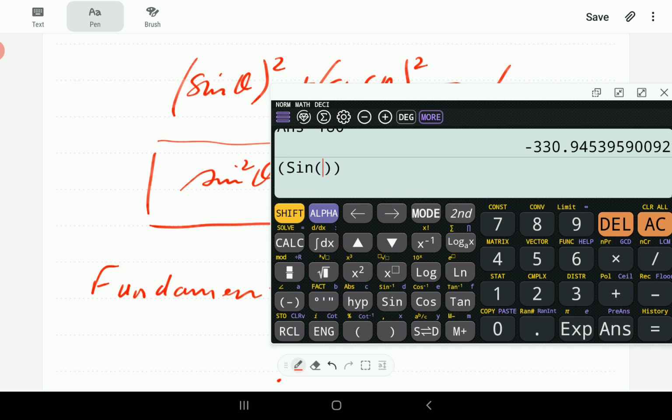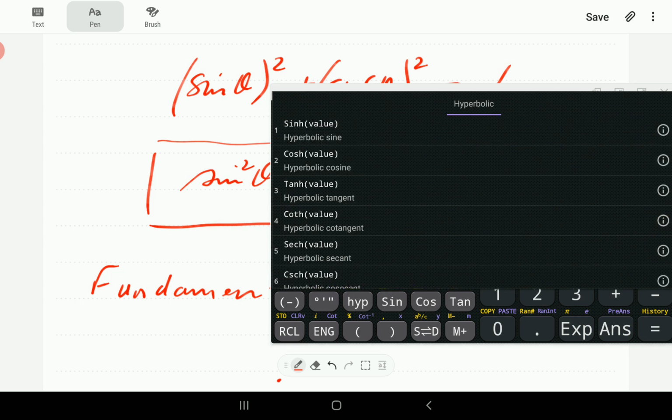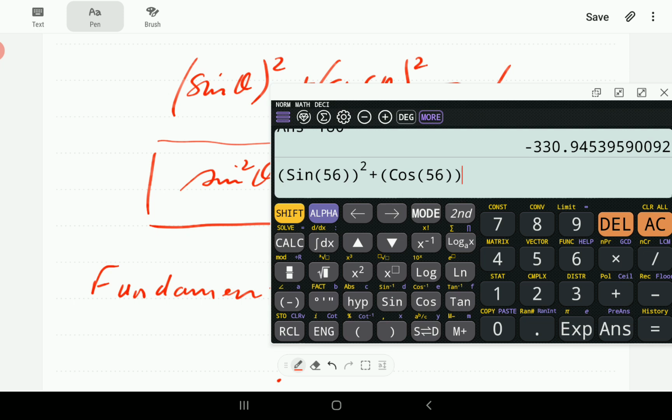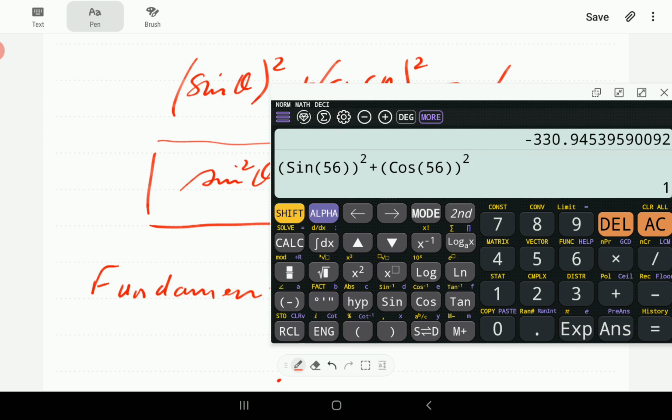Suppose we do sine 56 squared plus cosine 56 squared, equals, and that gives us 1.